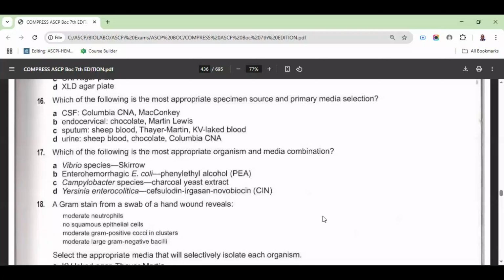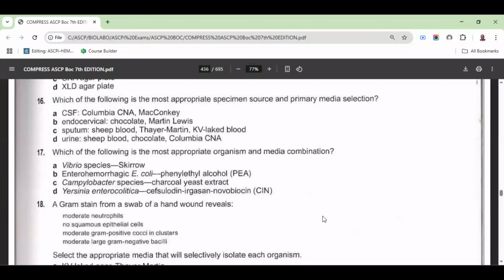For enterohemorrhagic E. coli, there's no way we can culture E. coli on phenyl ethyl alcohol, because phenyl ethyl alcohol is a selective medium for gram positive, not gram negative. It can even destroy gram negative.